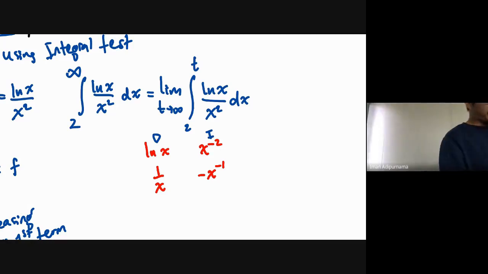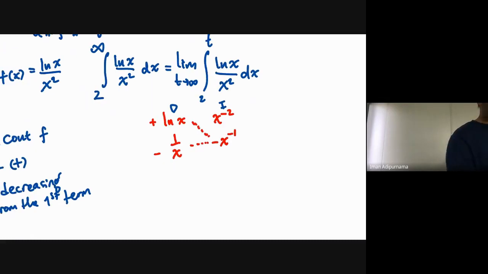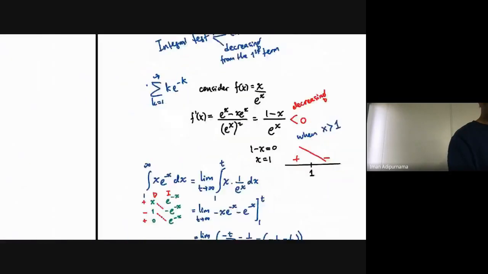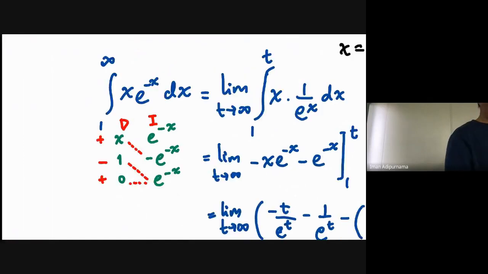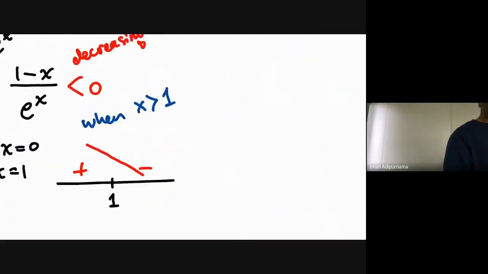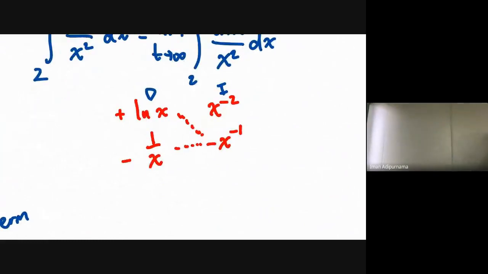Okay, let me just stop here. And this should be multiplied. This one also, you need to multiply the 0 to here, but it's 0, so you can ignore that. But here, the derivative part is not 0, so you need to multiply this. So plus ln x, negative, you multiply, and then minus this part.